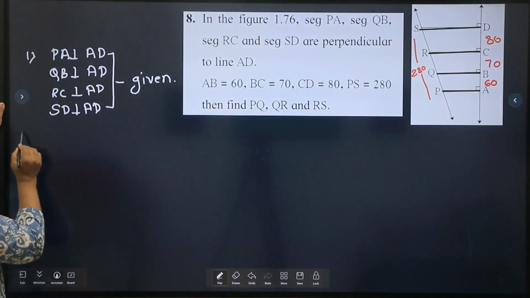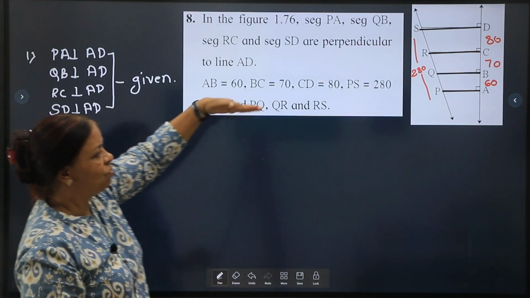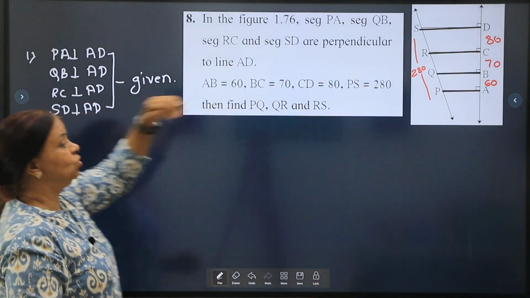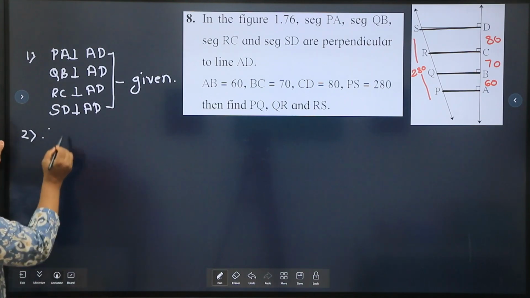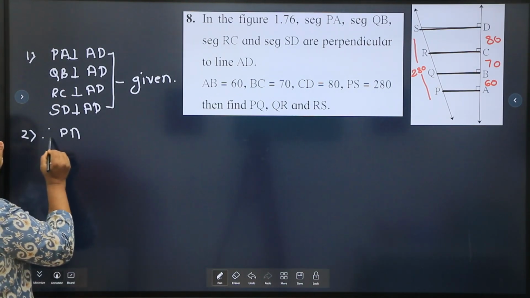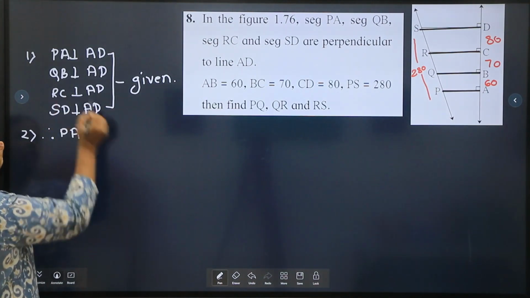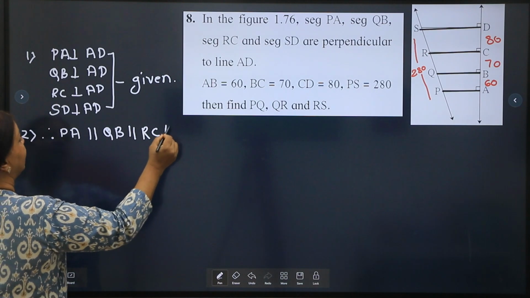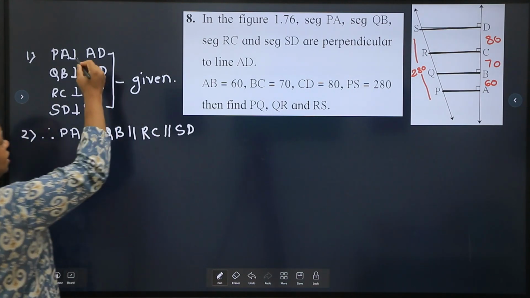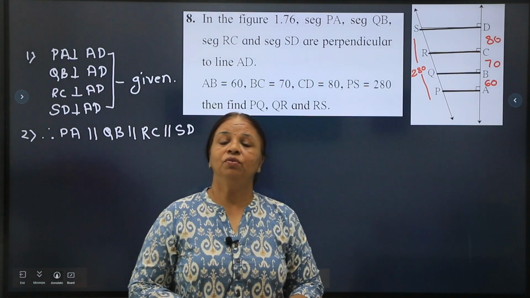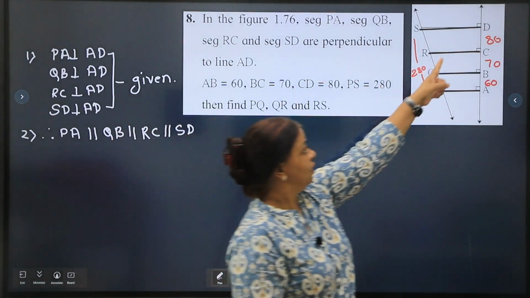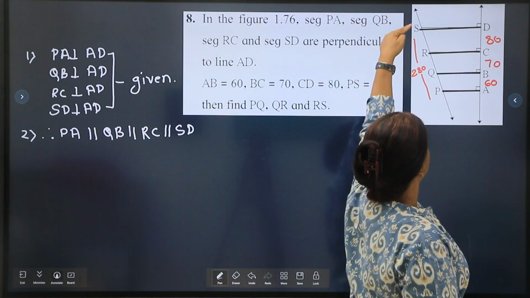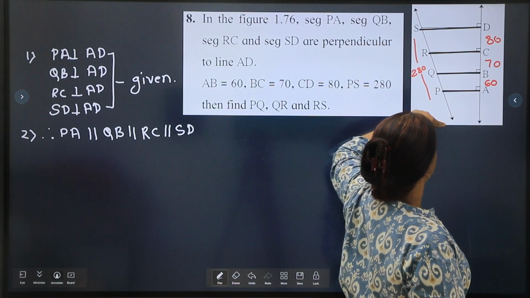First point. As all these four lines are perpendicular to line AD, they will be parallel to one another. Therefore, line PA is parallel to QB, parallel to RC, parallel to SD. Now you will say, why are the lines parallel? See, if this angle is 90 degrees and AD is the transversal, RP will also be a transversal.